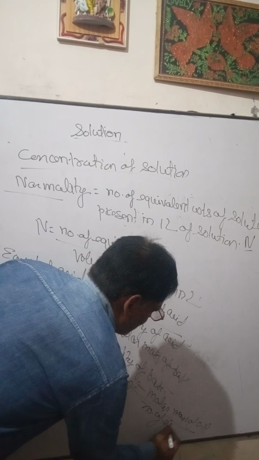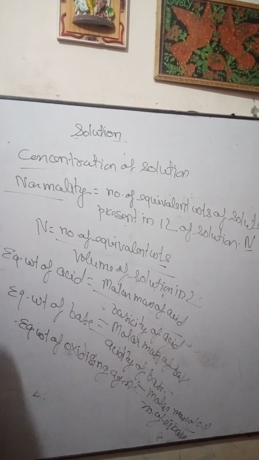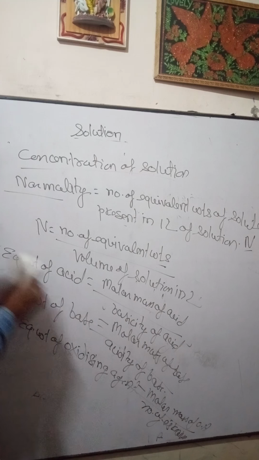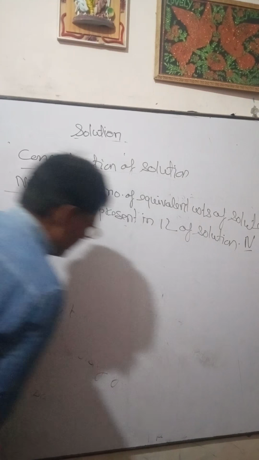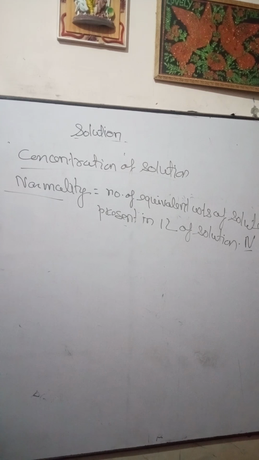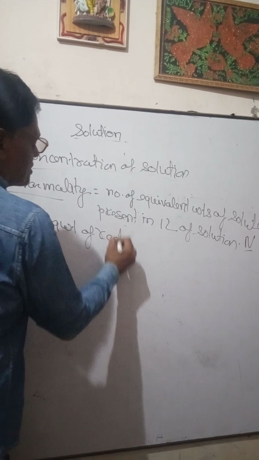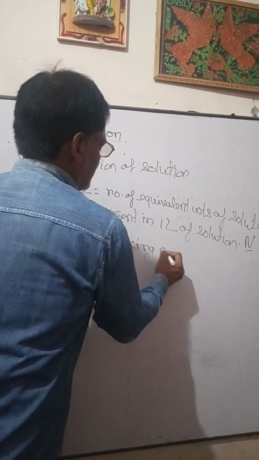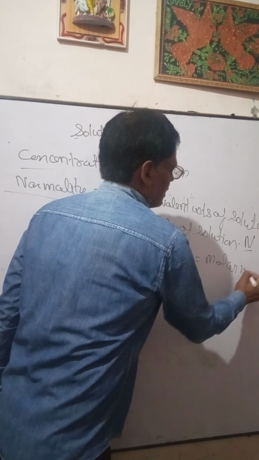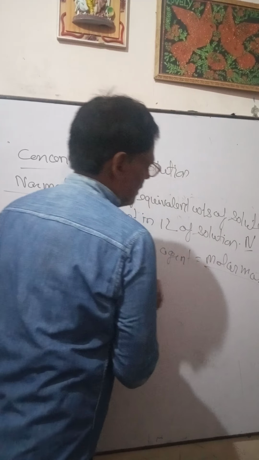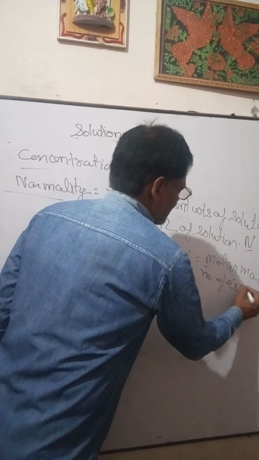Last, we will study the equivalent weight of a reducing agent. The equivalent weight of a reducing agent is molar mass of reducing agent divided by number of electrons released.